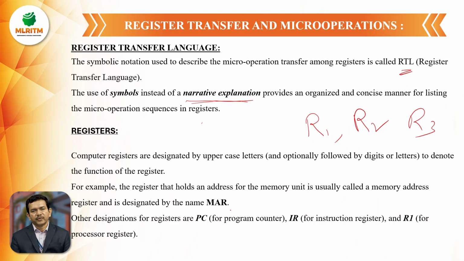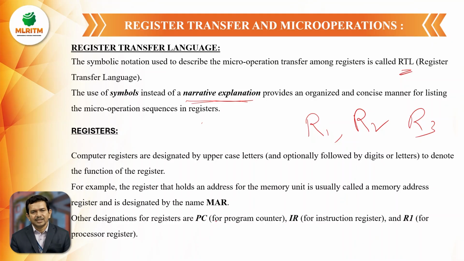And they are denoted by the function of the register. If I want to do some function on register R1 or R2, I have to add some symbols to that register to denote that it is going to perform some operation. For example, the register that holds the address from the memory unit is usually called the memory address register.